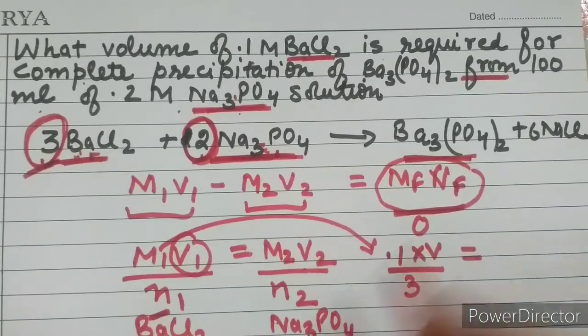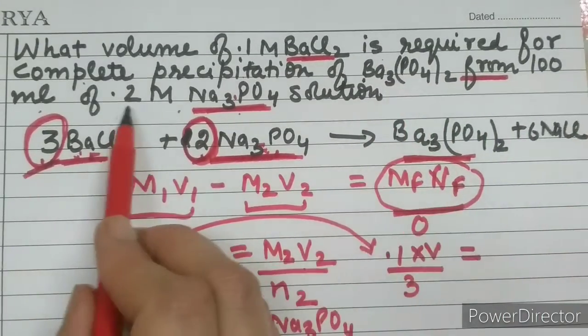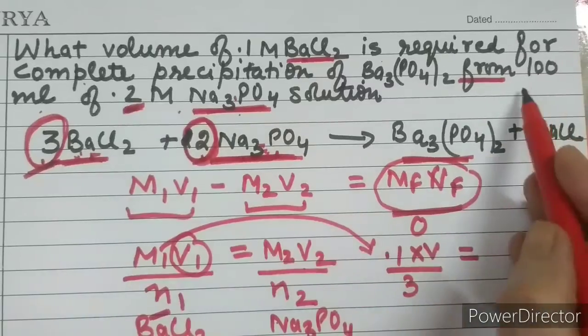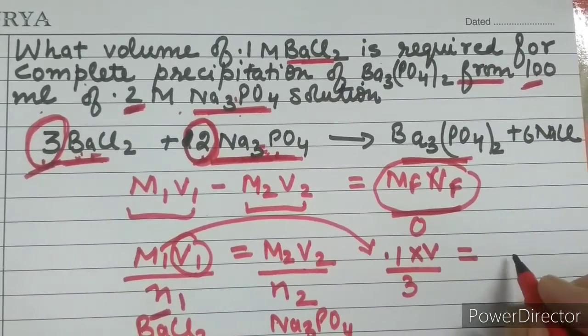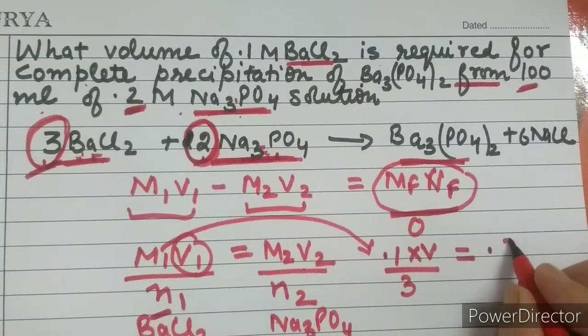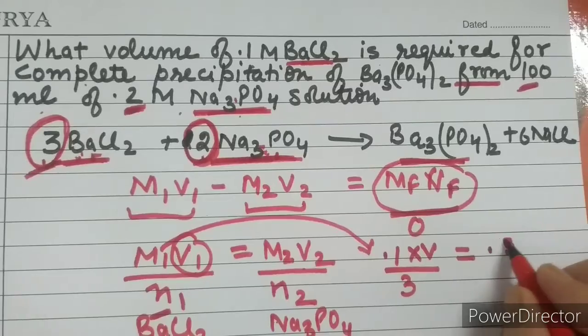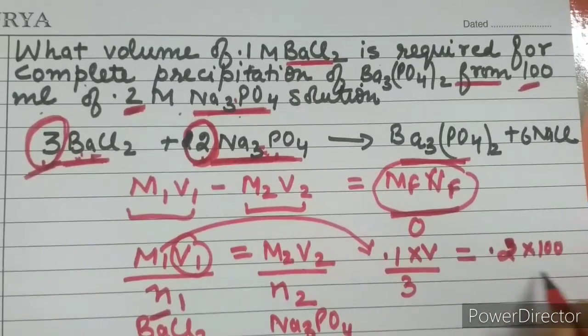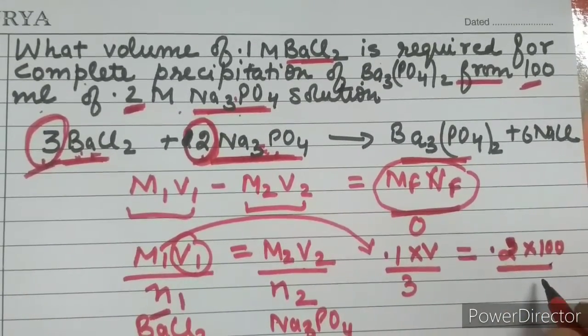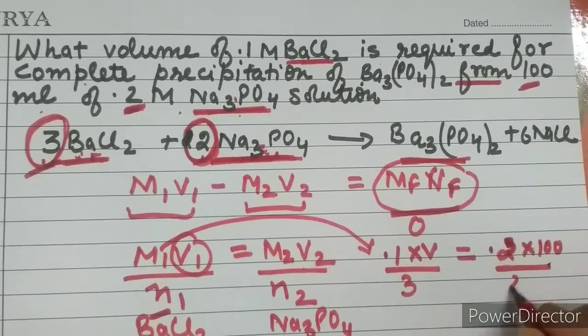And for M2V2, we have 0.2 molar of 100 ml, and the stoichiometric coefficient here is 2.